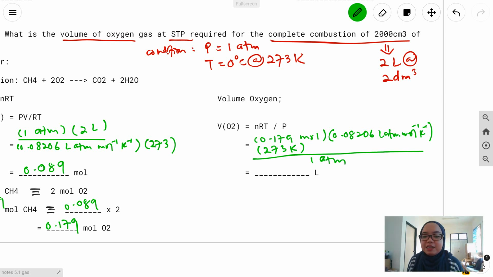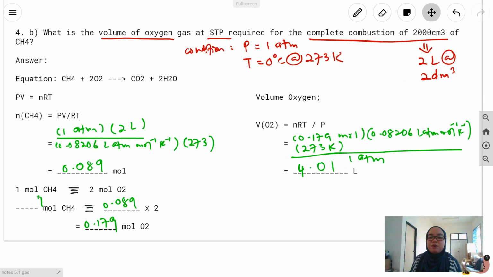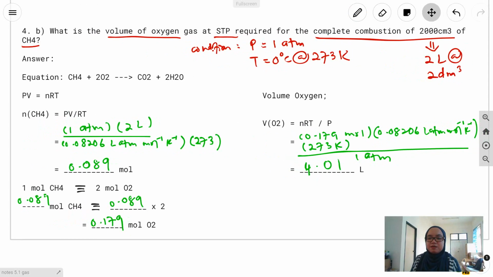When we calculate this, we will get the volume of oxygen required to complete the combustion with CH4 is 4.01 liter. Okay, so this is the answer for question number 4B.